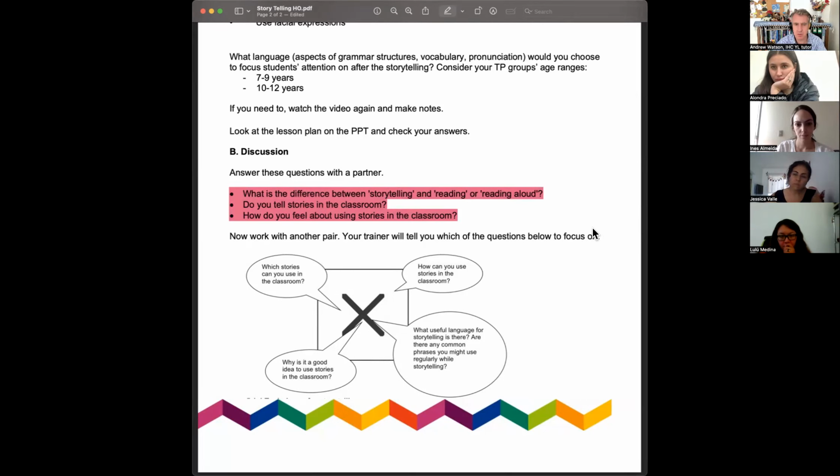Do you tell stories in the classroom? How do you feel about using stories in the classroom? Okay, so those 3 questions.